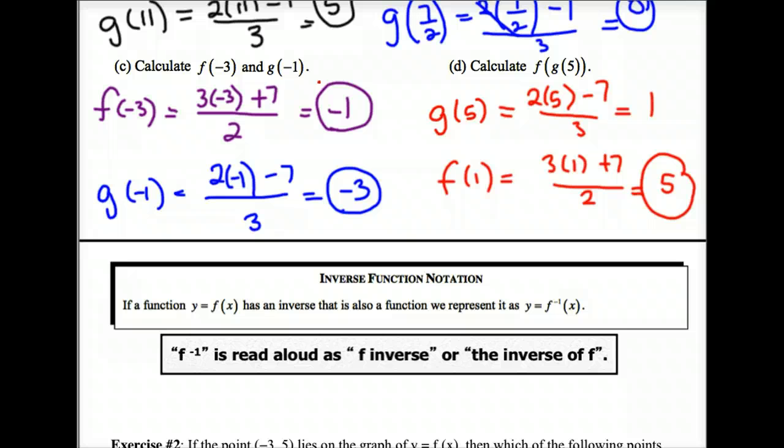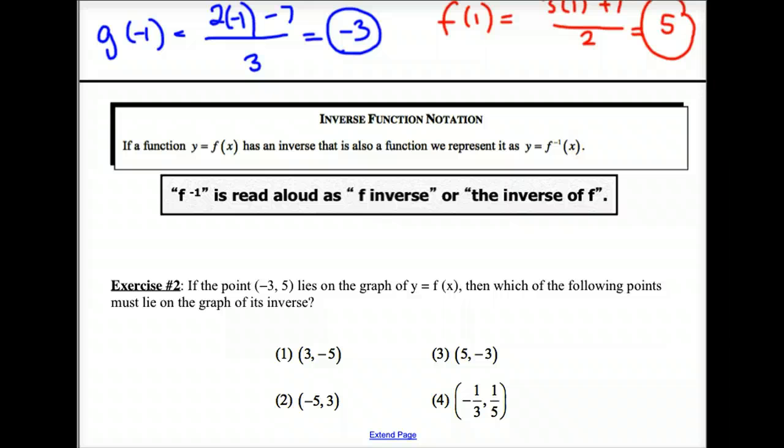Okay? So, if a point (-3, 5) lies on a graph of y equals f of x, which of the following points must lie on the inverse? So, when you have some kind of coordinate point, in this case (-3, 5), the inverse is when you switch it.